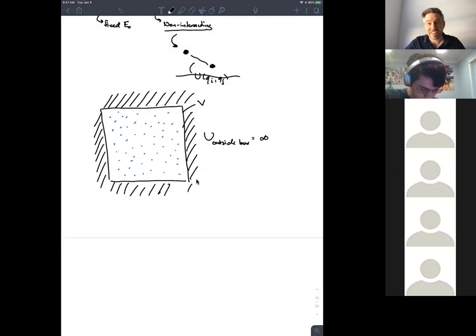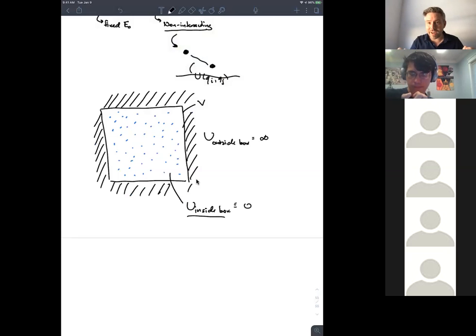In other words, they ain't getting out of the box, okay? They're stuck in the box forever. The potential energy inside the box, we are going to define to be 0. So there's no potential energy inside the box, okay? So essentially there's no spatial dependence of the potential energy inside the box.